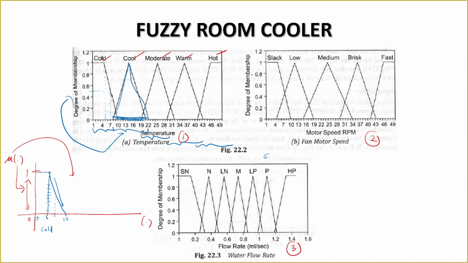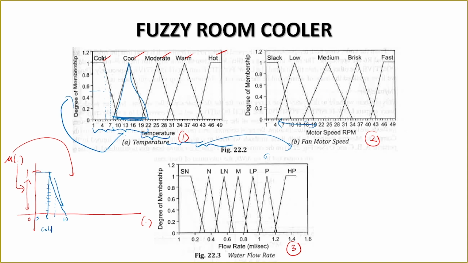Right. So then, speaking of the fan motor speed, the same. Slack meaning 0 until 7, things like that. 4 until 19, is it the same? Oh no. Okay, see, this one is 4 to 19 for instance, low, because we are focusing on that particular fan motor speed. For temperature, it's not really relevant to set 4 to 19 because temperature is different from that.